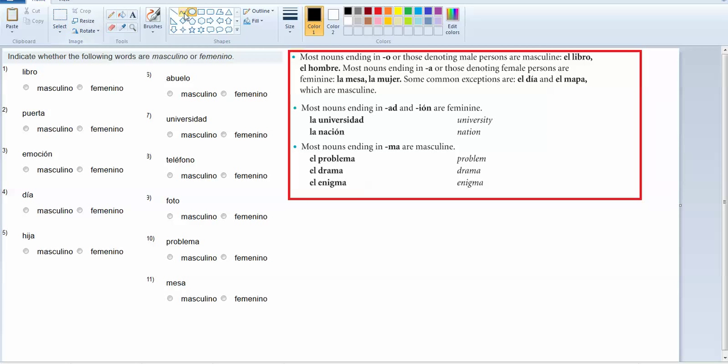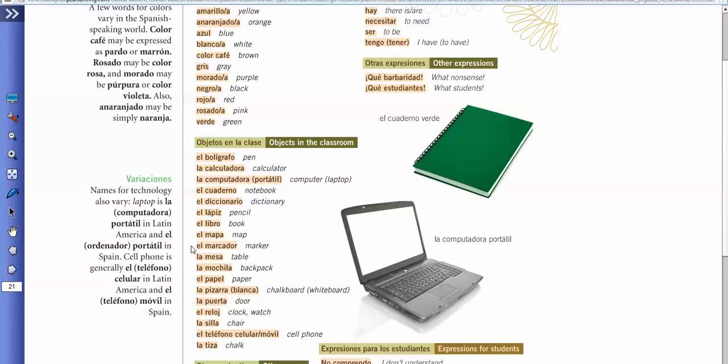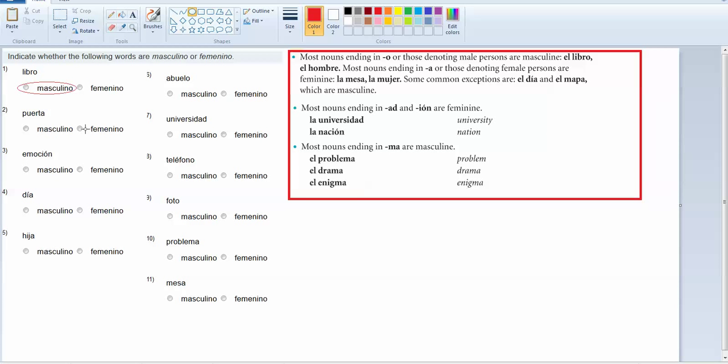So I'm going to pick masculino. Okay, puerta ends in A, so most of the time nouns that end in A are supposed to be feminine, but I could also pull up my book. I find puerta, it's got a la in front of it, that makes it feminine. So I'm going to pick femenino.